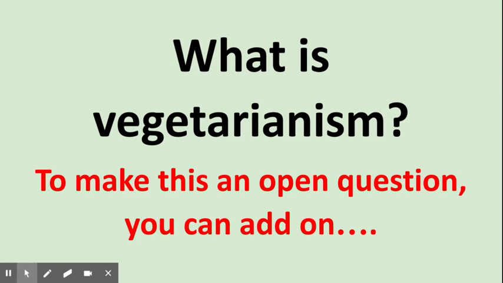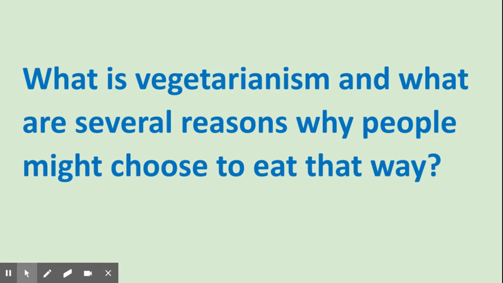All right, sometimes we start with something kind of closed, like what is vegetarianism? That requires a definition, maybe a sentence or 2. Mrs. Ocasio and I find this all the time. Obviously, if you're going to write a paper about vegetarianism, you need to define what it is. But if we want to start our paper, we need to grow that a little bit. So we can just keep going.